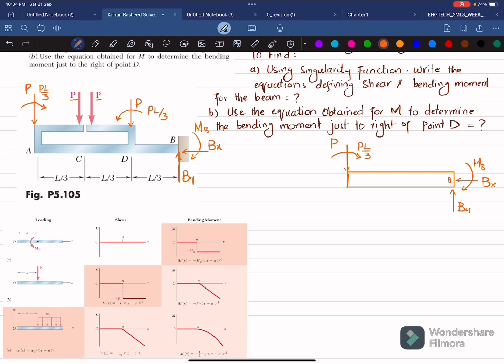This is your point A, this is your point D. Again at point D you have a vertical load P, and you will have a counterclockwise moment which is PL divided by 3.